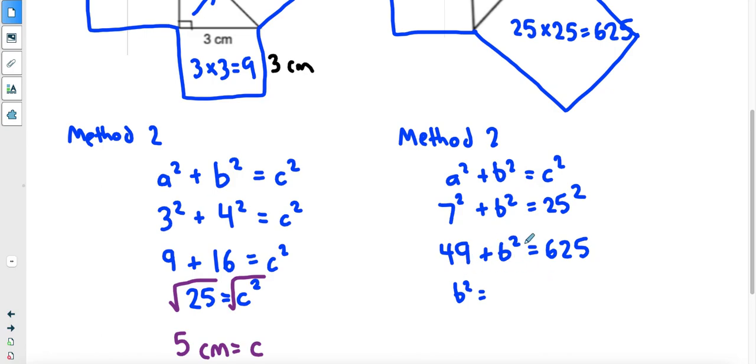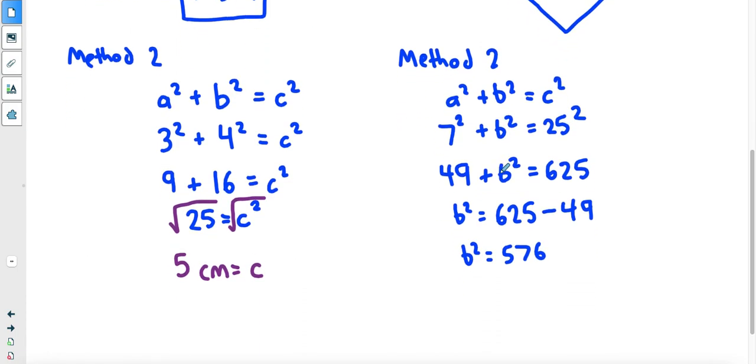If we take away 49 from both sides, that's just going to leave us with b squared is 625 minus 49. 625 minus 49 is 576.